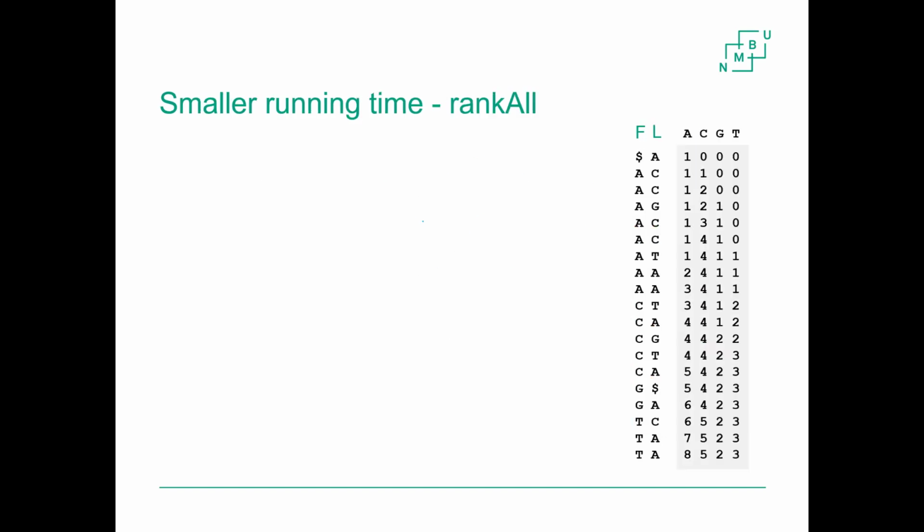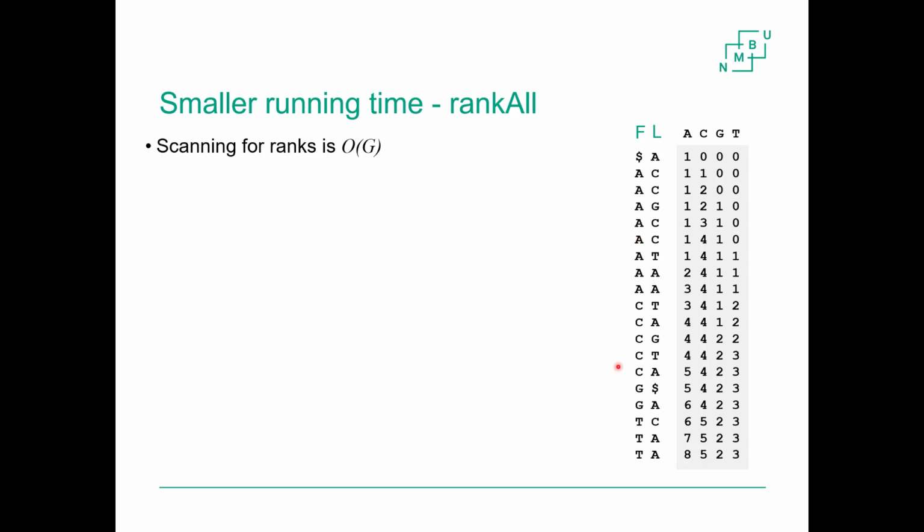So this works, but it's still sort of slow because the running time of scanning for the ranks still grows linearly with the size of G, right? Because remember we looked up the C section in this column, and then we looked for the preceding symbols in that C section and in the A section and in the T section.